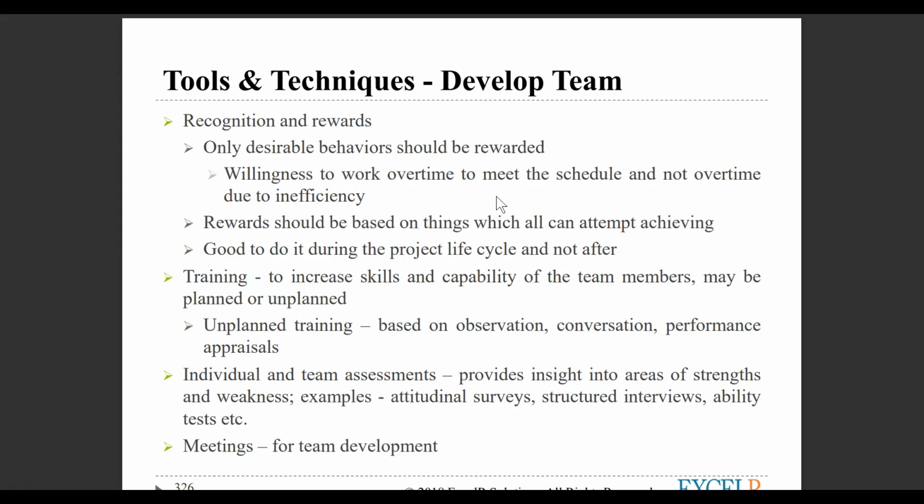So what will happen if there is a threat? Threat means you need to have a risk plan for that. If a resource says, boss, if you are not increasing my salary, I will leave the organization. He's threatening you, saying I will leave the project. Or sometimes a resource will say, if you are not taking care of me or giving me a hike, I will destroy your code.